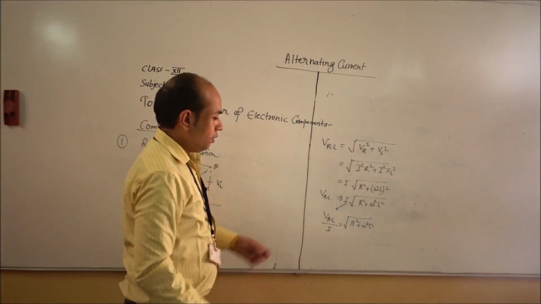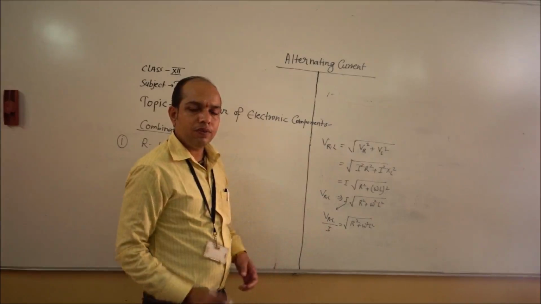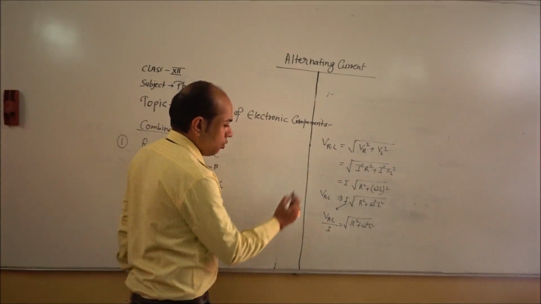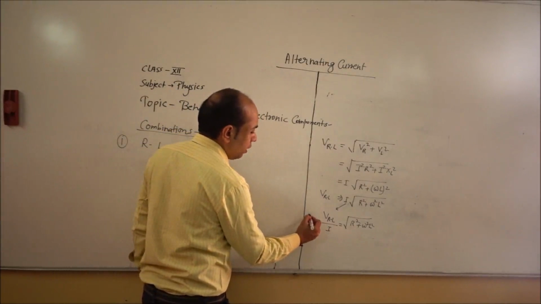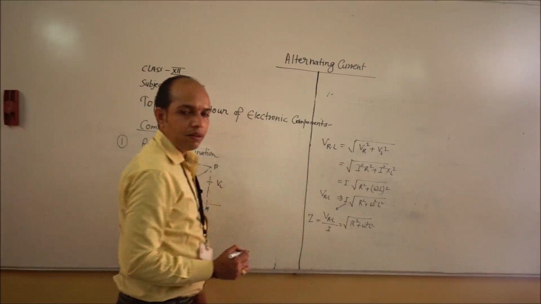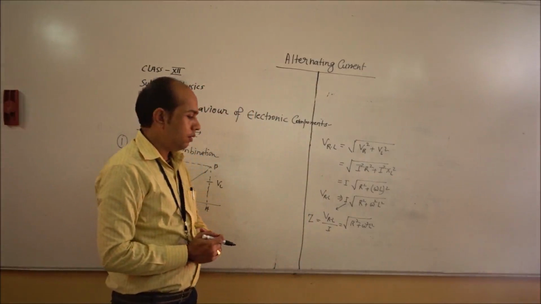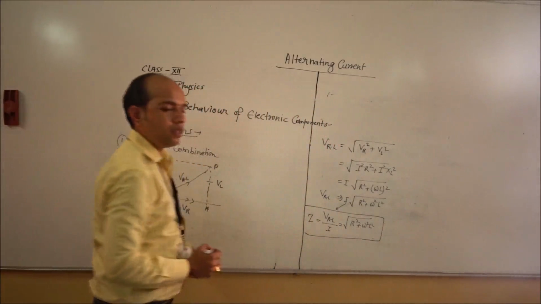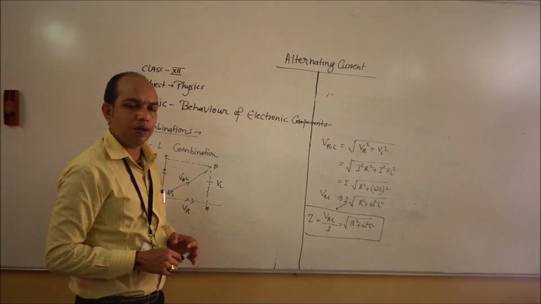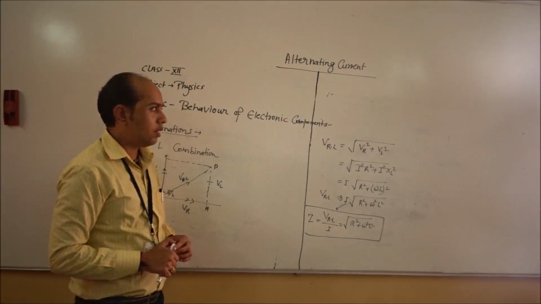As we know, the ratio of voltage to current is equal to resistance. So because of combinations, the word resistance is to be replaced by Z. That is called impedance. So impedance of this combination is under root of R square plus omega square L square.